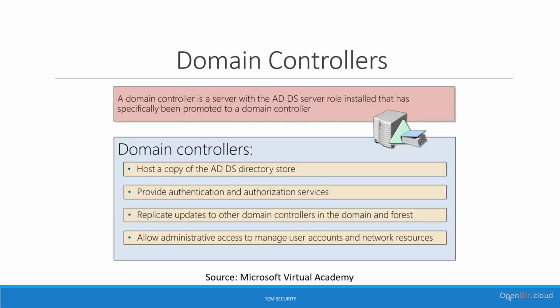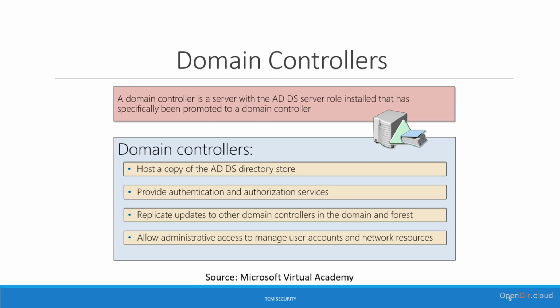The most important Active Directory component is what is called a domain controller. If you've never heard of a domain controller, that is the head honcho of all the servers, right? When you set up Active Directory, you have what is called a domain controller. Now, the domain controller provides a lot of features for the environment.